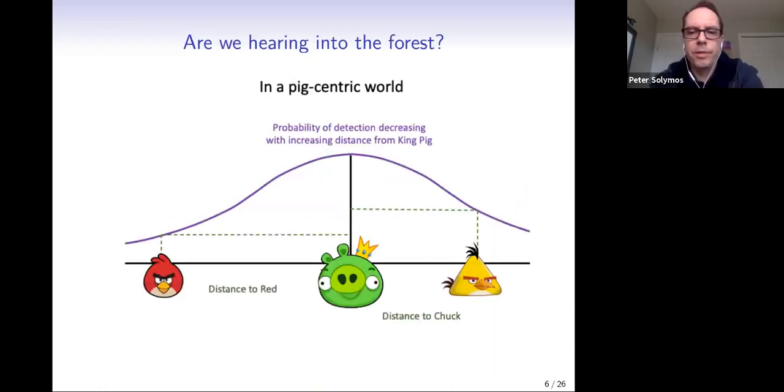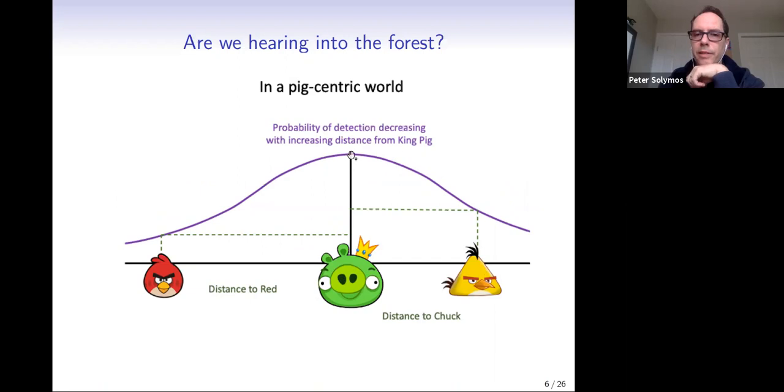So the first thing, if we want to describe how this distance relationship is really working, then in a pig-centric world, there is King Pig, and then distance to Rat, distance to Chuck. Chuck is a bit closer to King Pig.